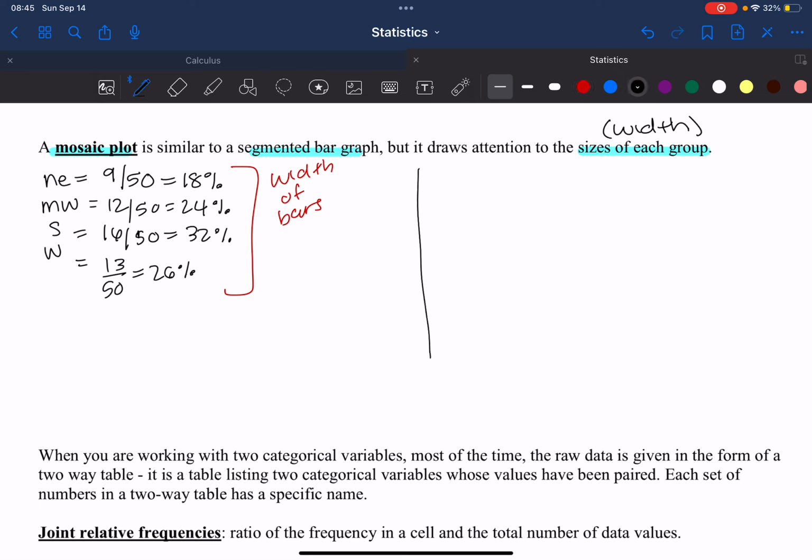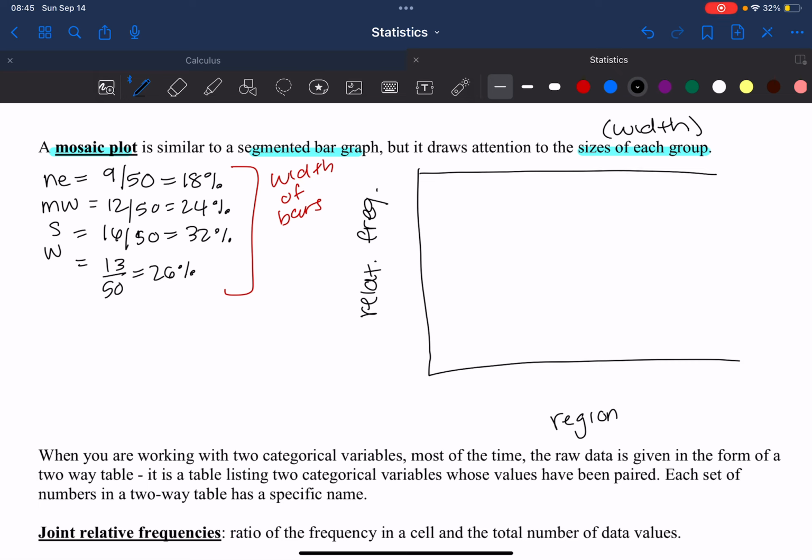So drawing my mosaic, I have my region. Off to the side, I have my relative frequency. So that's that same data I'm using in the last one, which was the segmented bar graph. And then at the top here, I have my width frequencies.